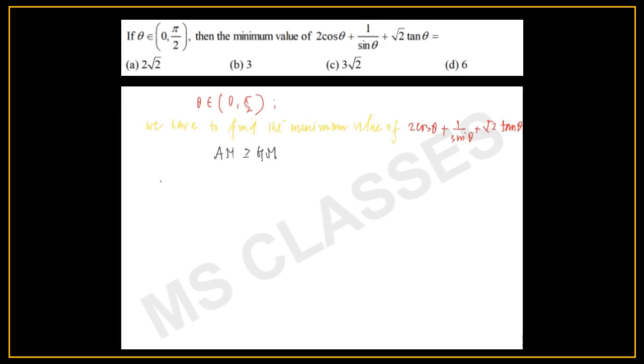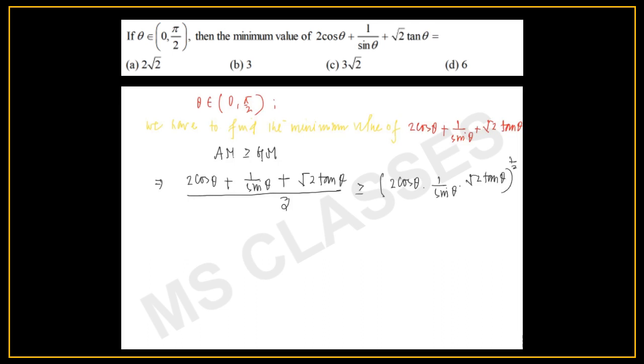So we can say that 2 cos theta plus 1 by sin theta plus root 2 tan theta, whole by 3, greater than equal to 2 cos theta into 1 by sin theta into root 2 tan theta, whole to the power of 1 by 3.